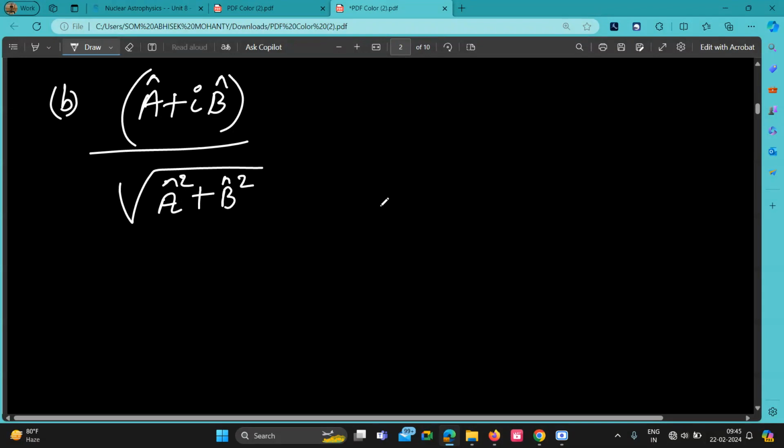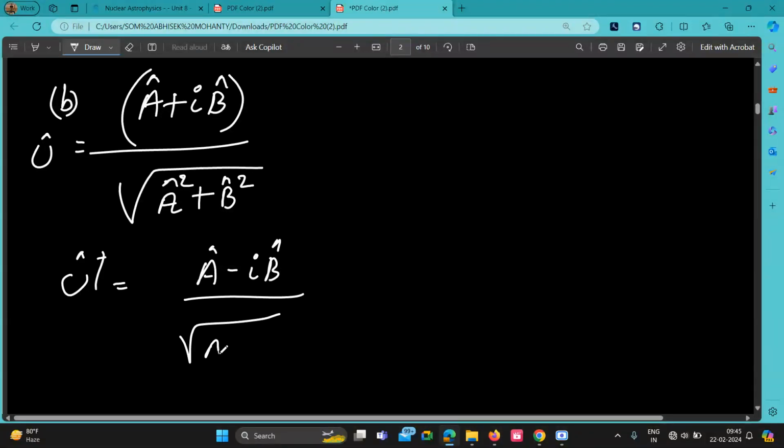Here, if A and B are Hermitian and they commute, then the expression will become unitary. Suppose again this is U. So U dagger will be A minus iB divided by root over A square plus B square, right?